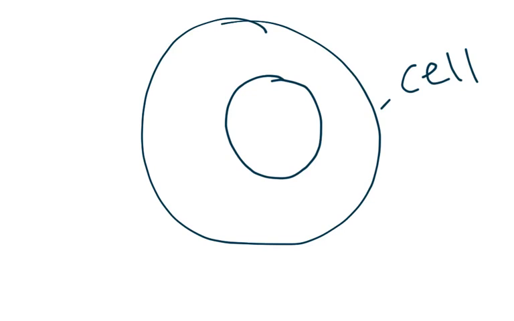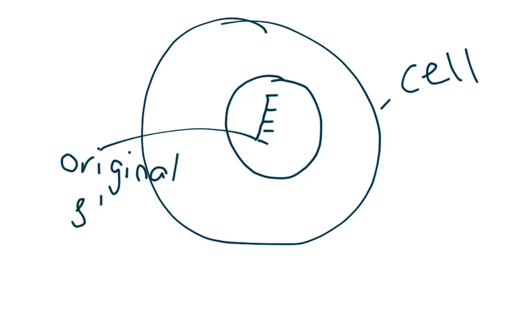So what happens is one strand breaks apart and it stays in the nucleus. That's one of your original strands. And the other strand that was part of that DNA comes out into the cytoplasm.